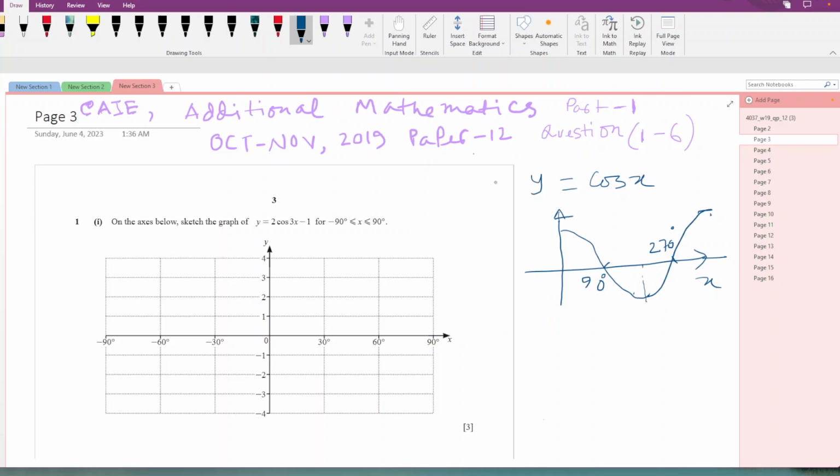Here is 180 degrees and here is 360 degrees.